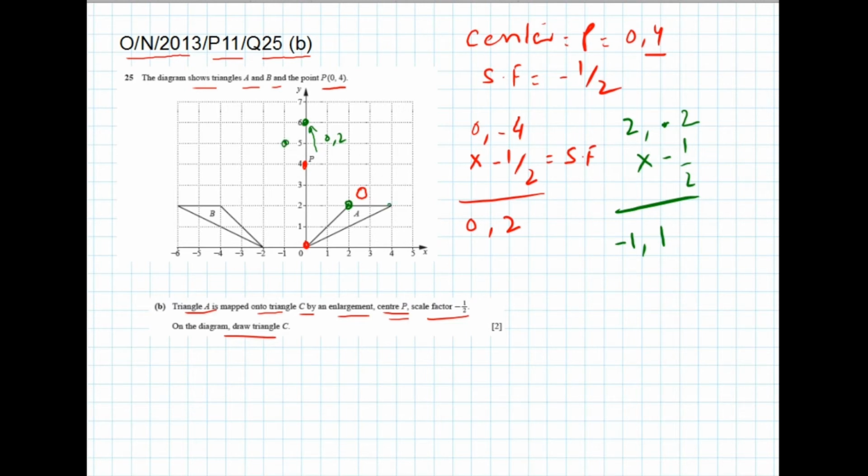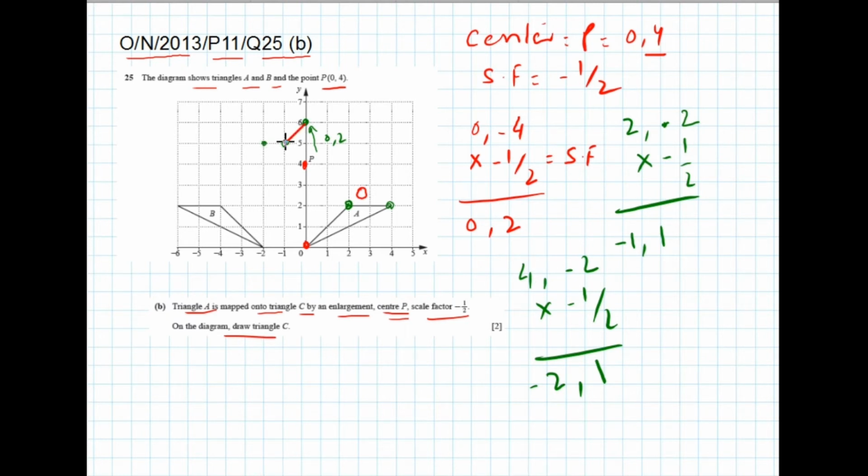From center of enlargement P, the object distance of third vertex is 4, -2. Now multiplying with scale factor, which is equal to -1/2, we get the image distance from center P, which is equal to -2, 1, plotted on the diagram as shown.